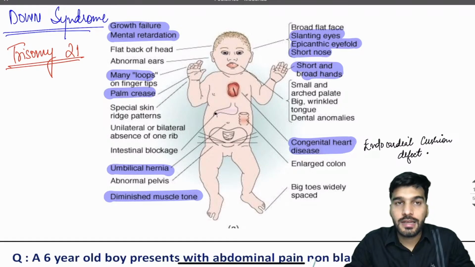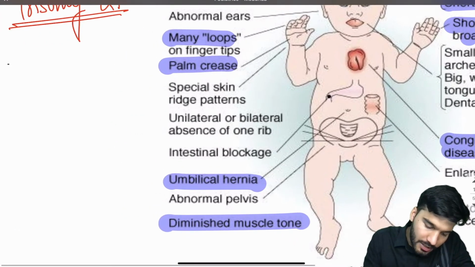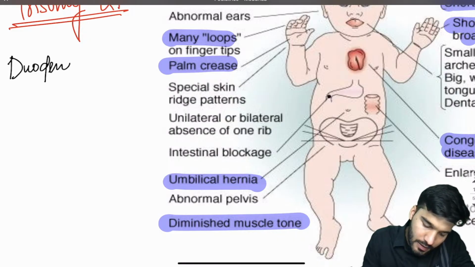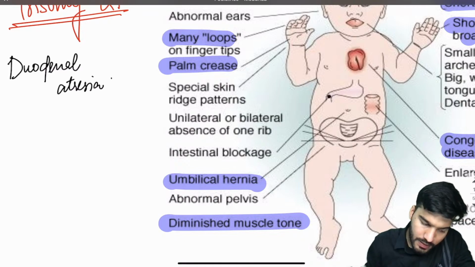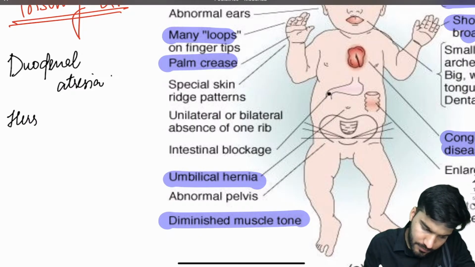Other features: the Down syndrome baby is more prone to conditions like duodenal atresia or Hirschsprung disease.